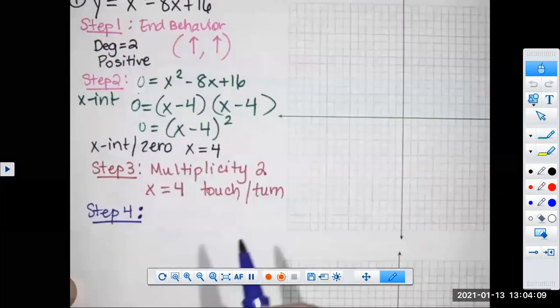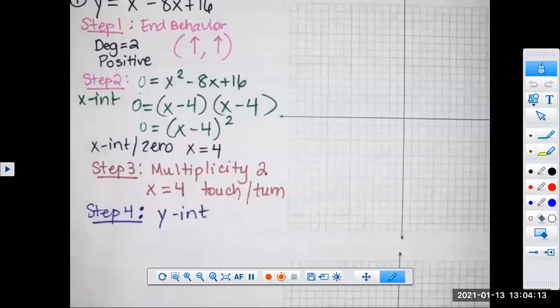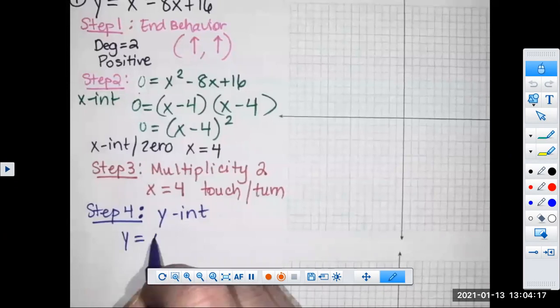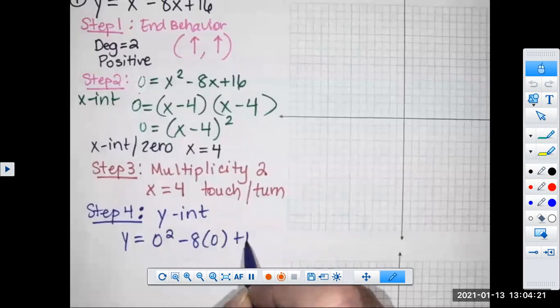All right, step 4 was to find the y-intercept. And you plug in 0 for x and solve.